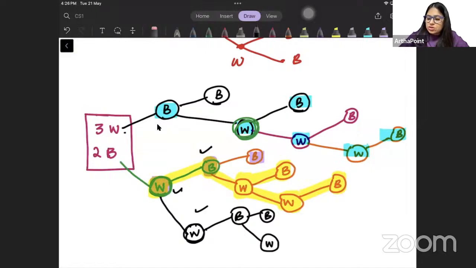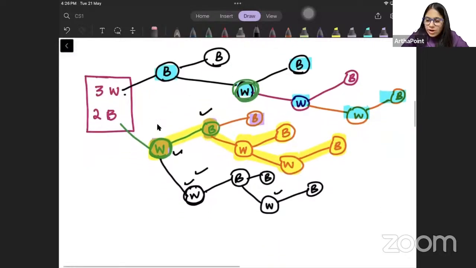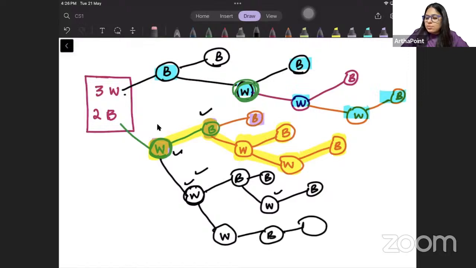So I have drawn 3 white balls and then I draw a black ball and I stop. Or it is possible that you have drawn this one also as a white ball. So all 3 white balls are drawn and you are only left with drawing 2 black balls. There is no other way in which you can do it. Am I clear with this example? Is this making some sense to you?